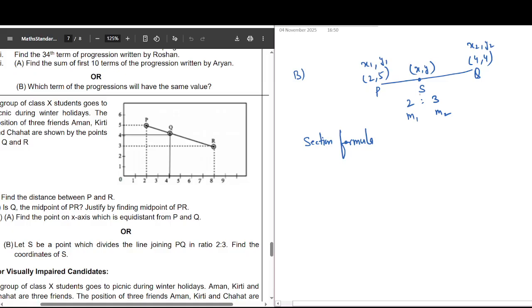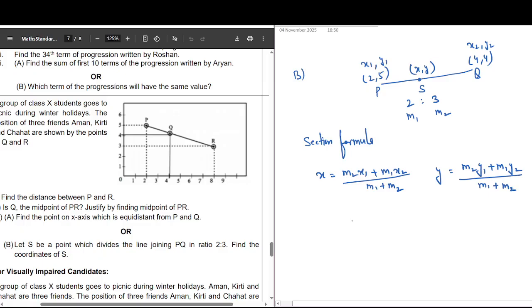Now to find the coordinates of point S, which we have considered as x and y, the formula is: x coordinate is equal to (m2 x1 plus m1 x2) divided by (m1 plus m2), and y coordinate is (m2 y1 plus m1 y2) divided by (m1 plus m2).